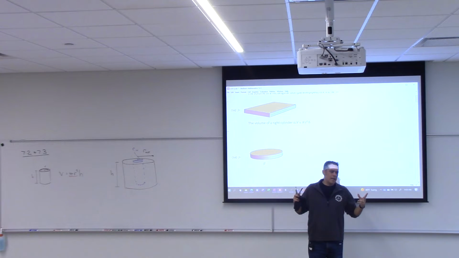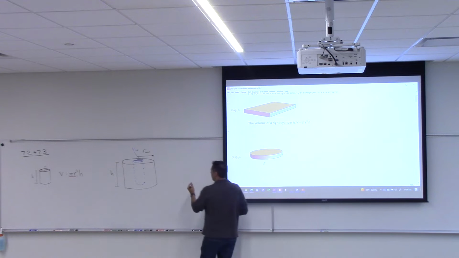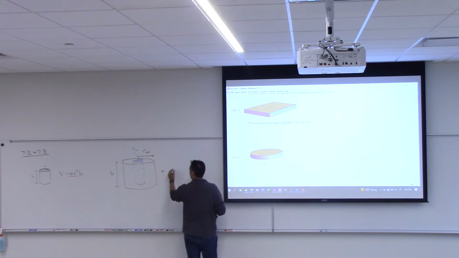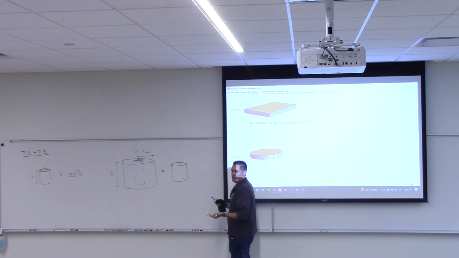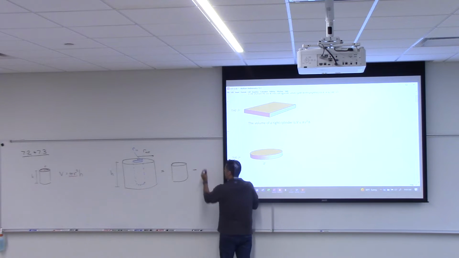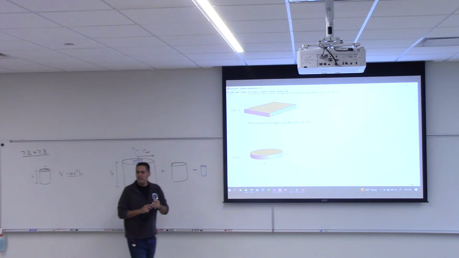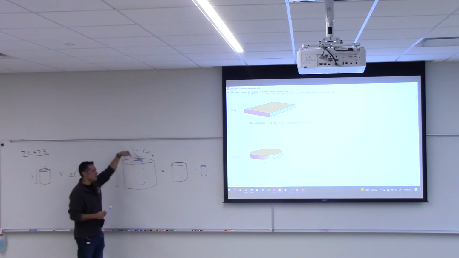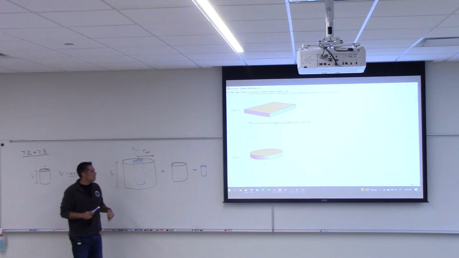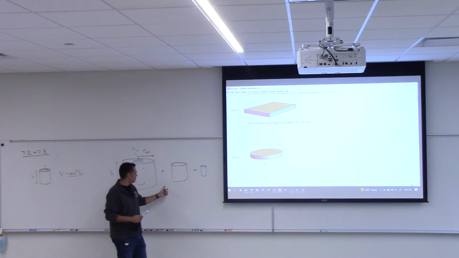What we can imagine doing here is that this volume should be equal to the volume of the bigger one without taking anything out of it, and then subtract from it the volume of the smaller one. That should be the volume of what's left if we drill this out. Make sense? So the volume of this one is what?